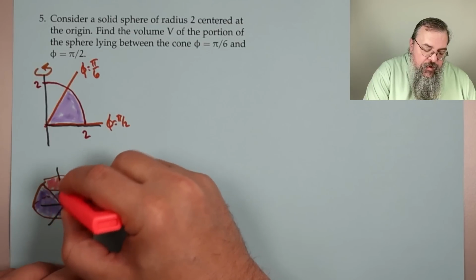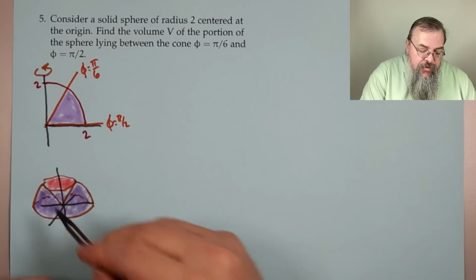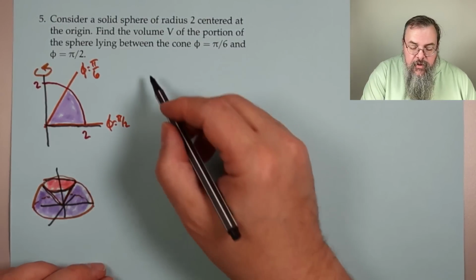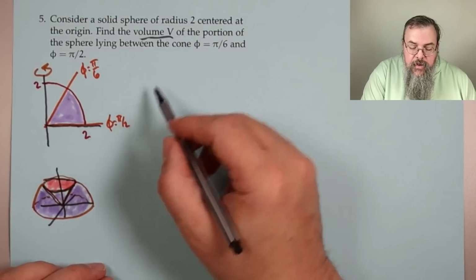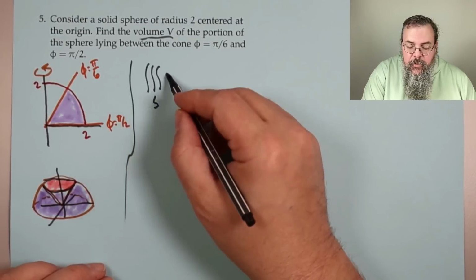So we say, okay, well, given that we're going into spherical coordinates, well, we need to describe things in terms of spherical coordinates. And the good news is it's not too hard to do that. So, all right, so our volume, that's going to be integral over our solid 1 dv.